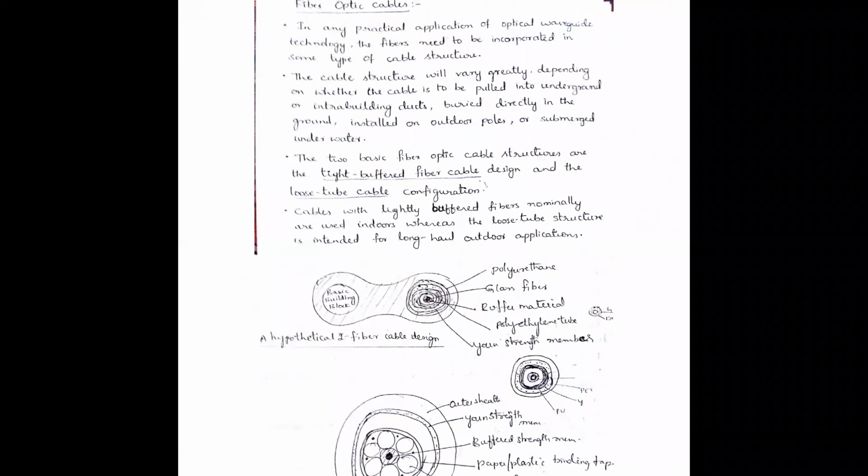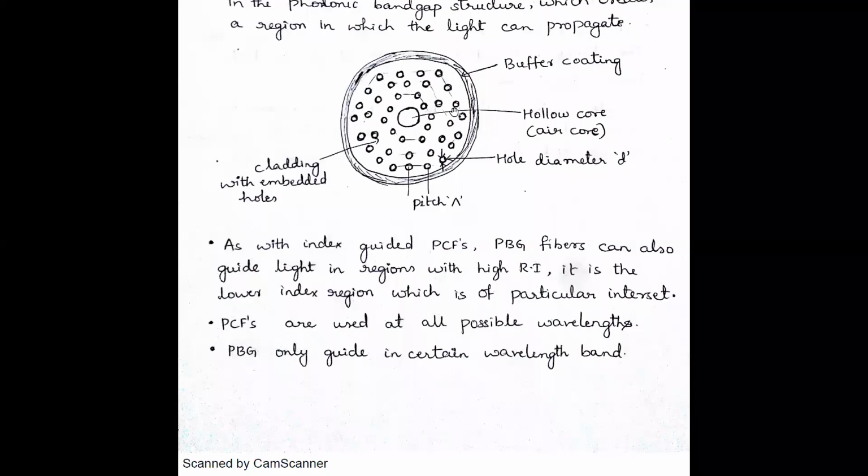Sir, where is it exactly used? Which one? This one only, sir. The photonic specialty fibers. Okay. Specialty fibers are not for long distance communication. They are used, say for example, if you need different wavelengths at different time instants that you have to transmit, in multiplexing, demultiplexing of multiple signals.